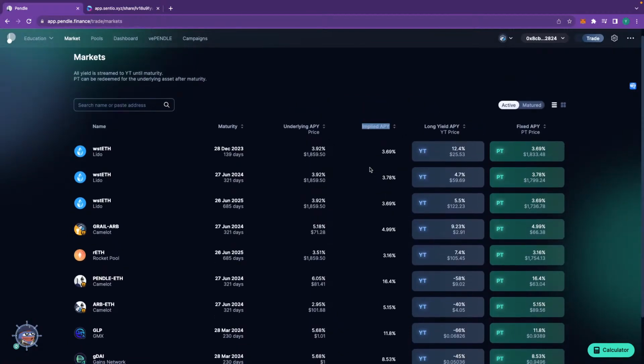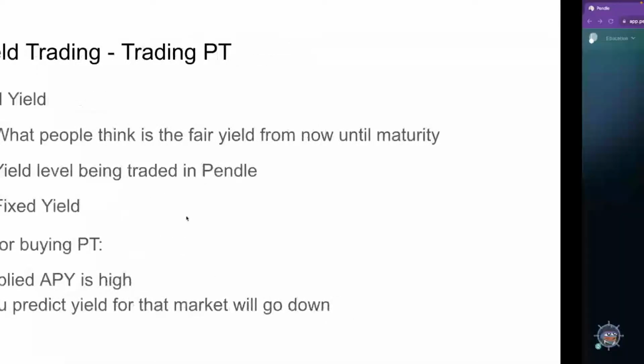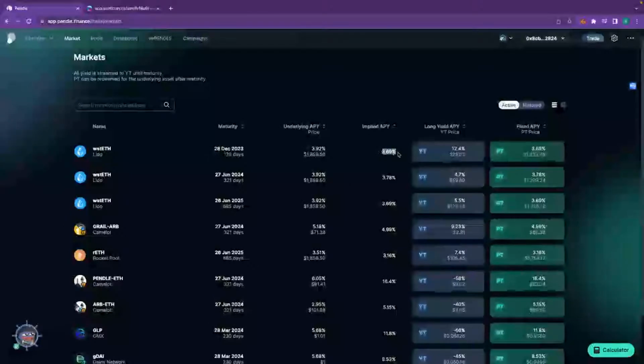So what is implied APY? In short, implied APY is what people think is the fair yield from now until maturity. In other words, it's the yield level that is being traded in Pendle, and it's also the fixed yield that you will get. So, like for this STE market, maturity is end of this year.